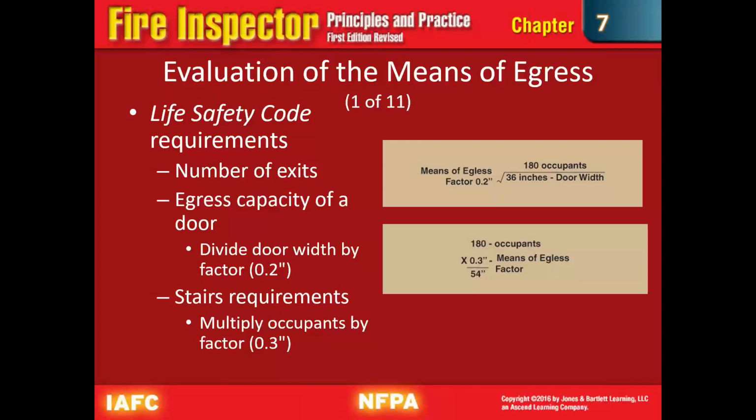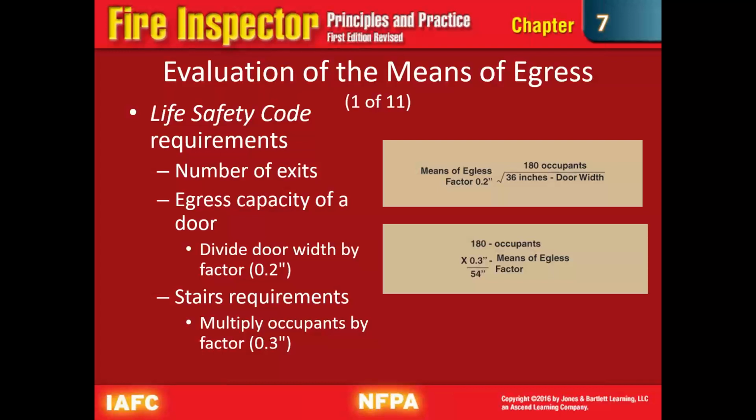In a chart, there is a chart. I'm trying to look for it real quick. But I know in the IFC it's called your inches of door width by occupant served.